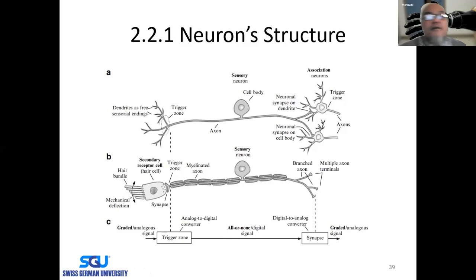Then ions will be collected by this hair cell, and then the transmitter will be released to the trigger zone of the next sensory neuron, and the response will be propagated through the myelinated axon into the branch axons towards our central nervous system.